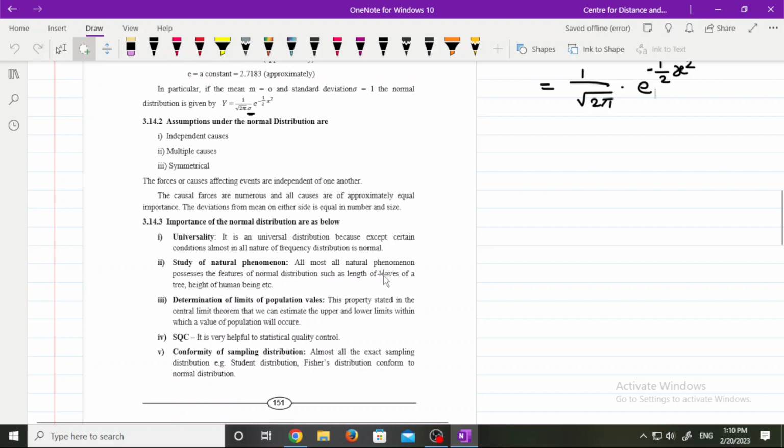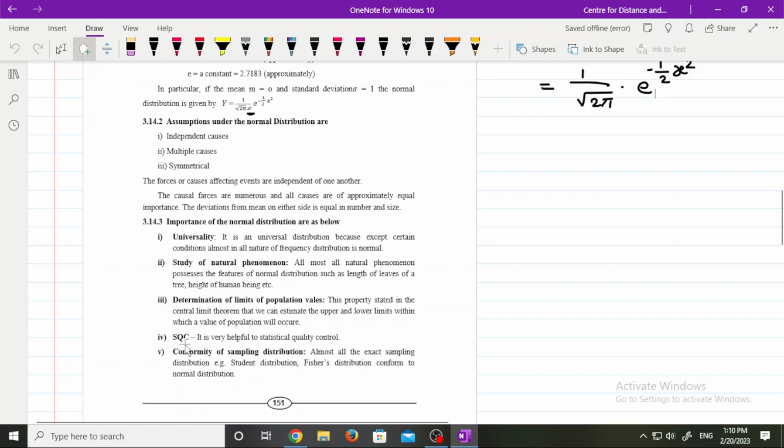Almost all natural phenomena possess the features of the normal distribution, such as the length of leaves of a tree, the height of human beings, etc. Third one is determination of limits of population value. This property states, in the central limit theorem, that we can estimate the upper and lower limits within which a value of the population will occur.